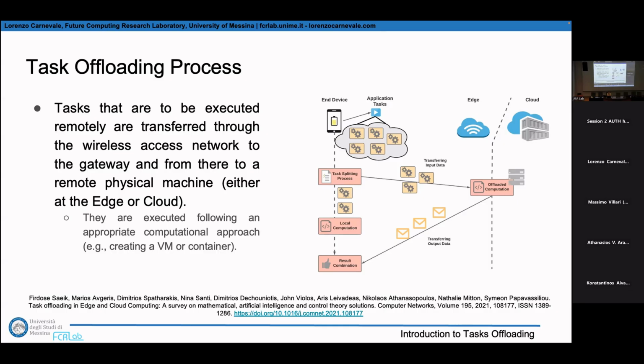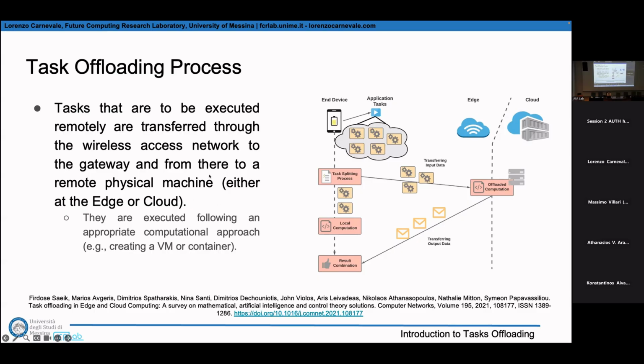So at this point, the tasks may be executed remotely and are transferred, typically using a wireless access network when we talk about the Internet of Things. So the end devices are typically connected with a wireless access network, and then they move to a remote physical machine that may be much more powerful, and this could also be connected with a wired access network.